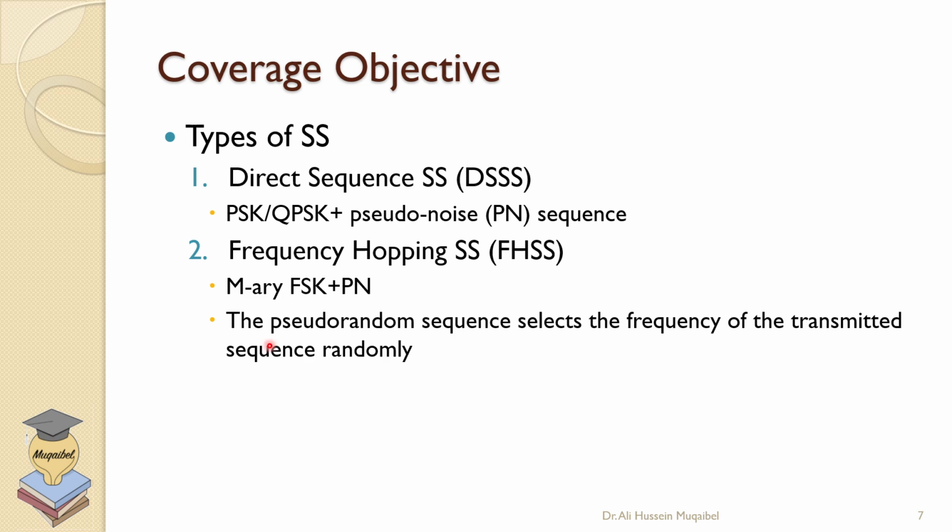So remember, we have two main types, DSSS and FHSS. Frequency hopping uses frequency shift keying plus a pseudorandom sequence, and the pseudorandom sequence adjusts the frequency that we select. So we have PSK and QPSK for direct sequence, and with frequency hopping we'll be using frequency shift keying. That will be explained in a second.